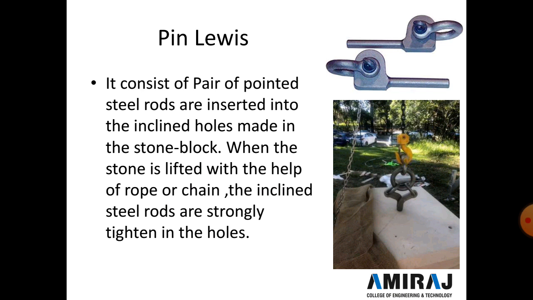First we mark the point, and then vertically drill the stone and prepare a hole, and then the pin levis is forcefully inserted in the stone, and then the hook is fixed with a chain or rope, and this chain or rope is fixed with a crane. So this pin levis is generally used for lifting small size stone.